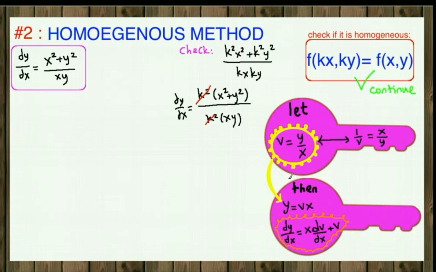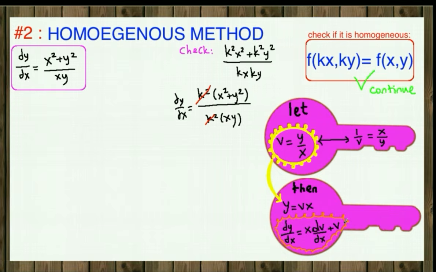And equivalently, if you solve for y here, y equals v times x. And if you differentiate y, you're going to get dy dx. If you differentiate this using the product rule, the derivative of the first function, which is dv over dx, times the second function itself, plus derivative of the second one times the first one.